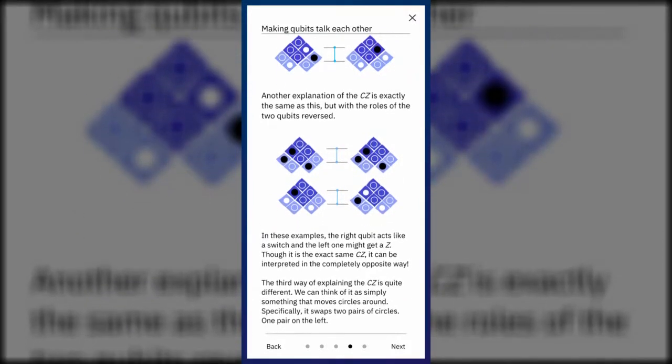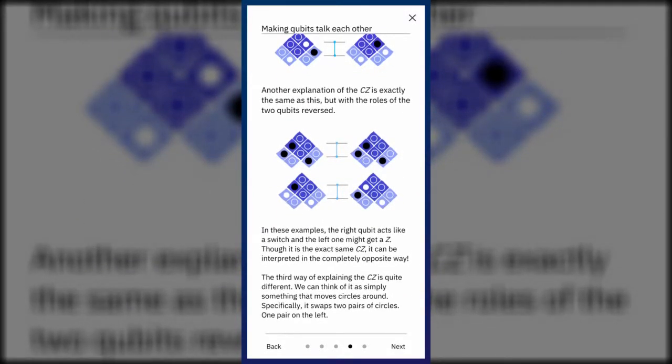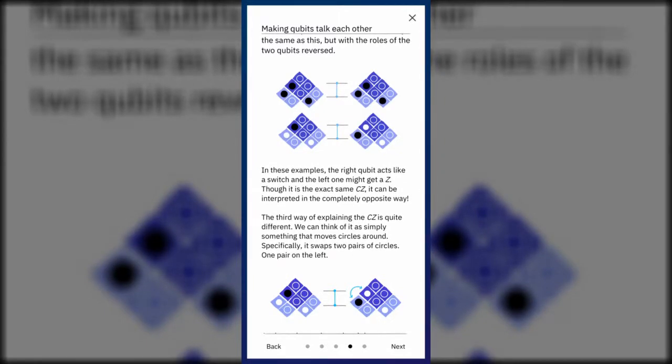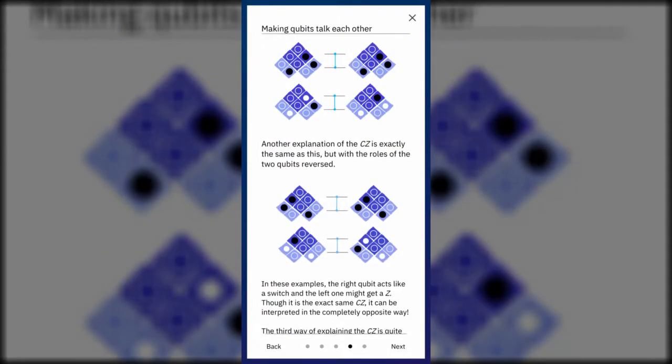Another explanation of the CZ gate, maybe they'll explain that later. There's still another chapter. Another explanation of the CZ is exactly the same as this, but with the roles of the two qubits reversed. In these examples, the right qubit acts like a switch and the left might get a Z. Okay, but why is that another explanation?